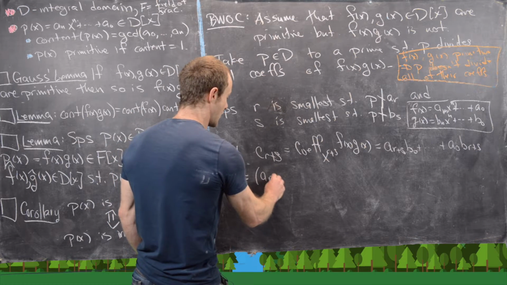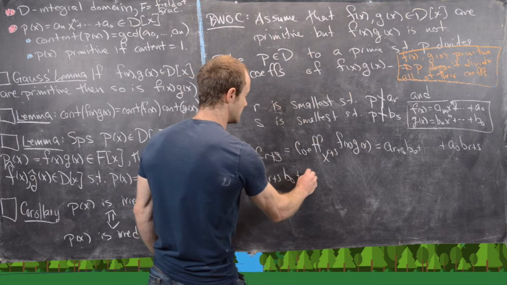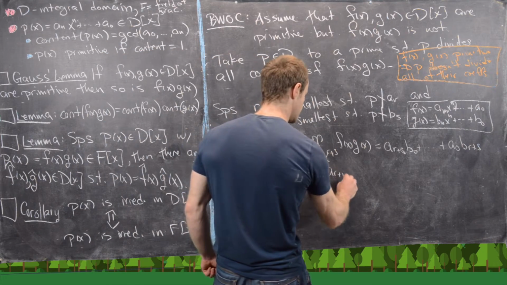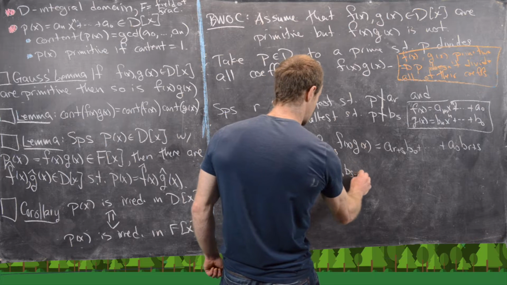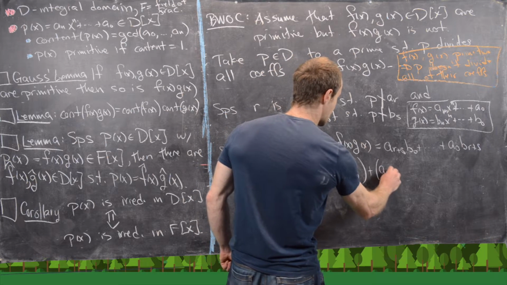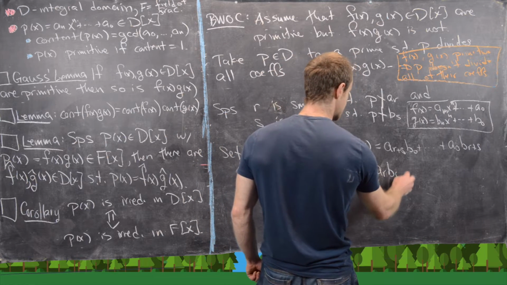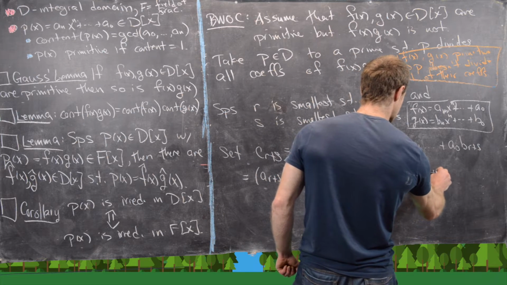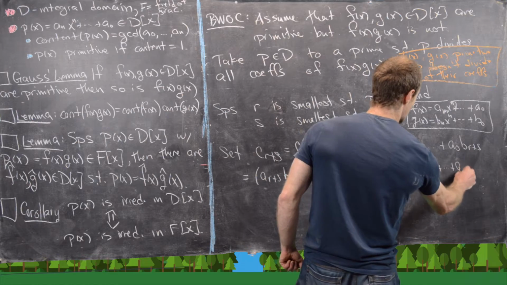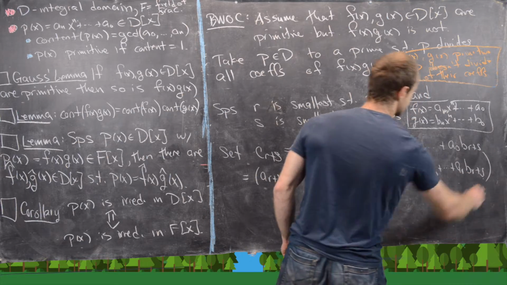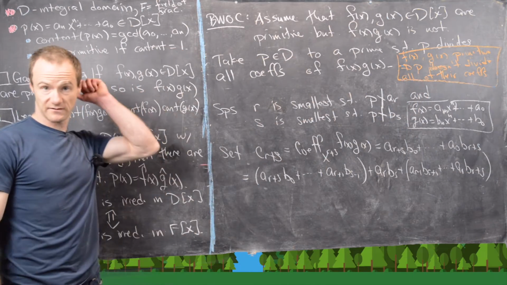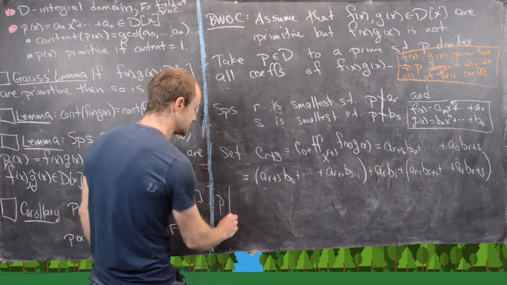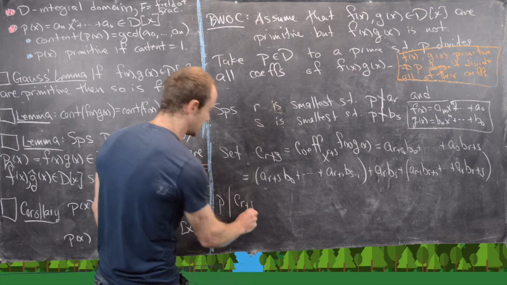So this is a_{r+s} b_0, all the way down to a_{r+1} b_{s-1}, plus a_r b_s plus a_{r-1} b_{s+1}, all the way up to a_0 b_{r+s}. Okay. Fantastic. Now, notice we know that P divides c_{r+s}.